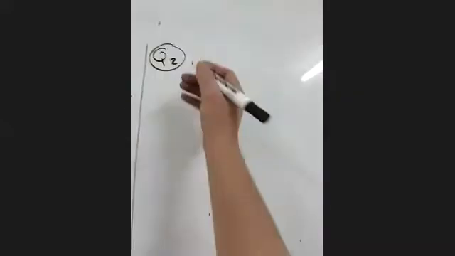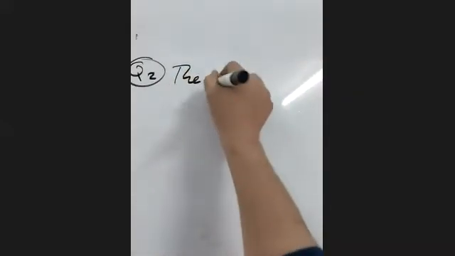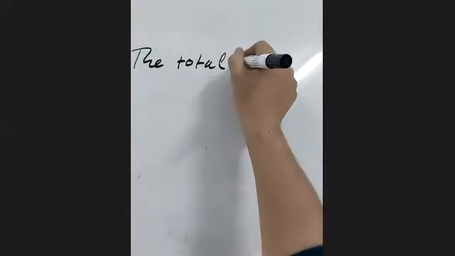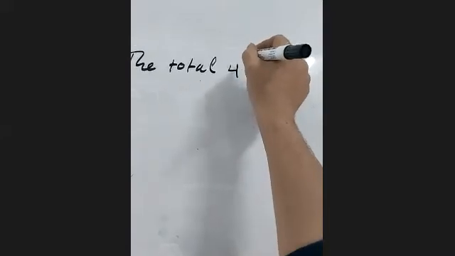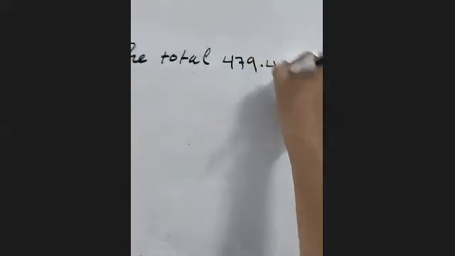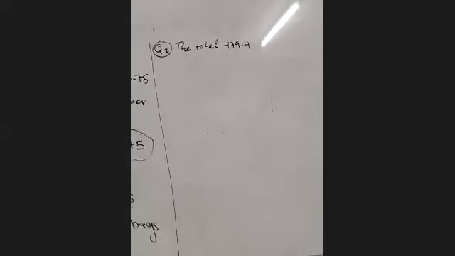Good. So the total is given. Do you understand me? Yeah. 479.4. Good. Continue. Mason eats 28.2 grams of cereal per serving.